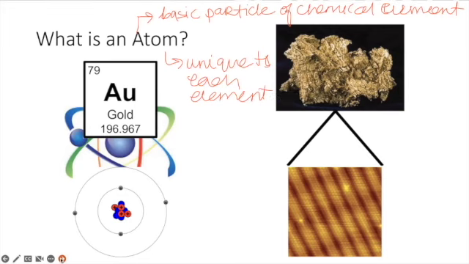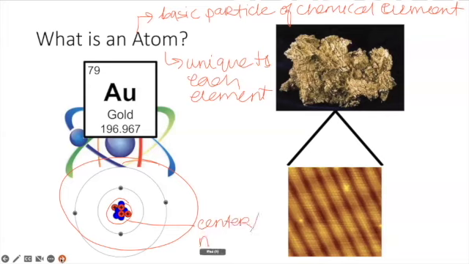So here is a picture of an atom, right? With this being the center, or the nucleus, and everything surrounding it, this is the electron cloud, which we'll get into more detail in a second, but I just wanted to introduce that to you.